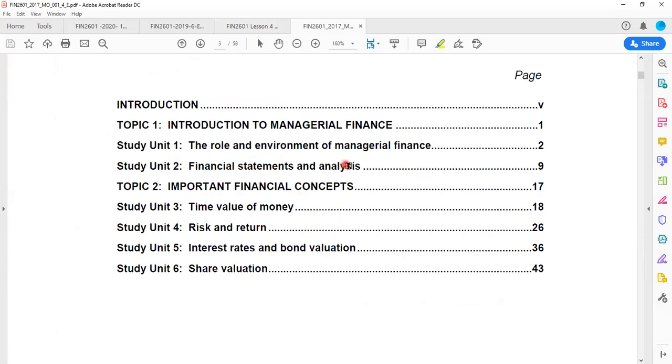We've looked at financial statement analysis, and we've looked at time value of money. In this session, I'm going to take you through interest rates and bond valuation. Then in the next session, I'll take you through risk and return, and we'll finish up with share valuation. Okay, so let's go through that.